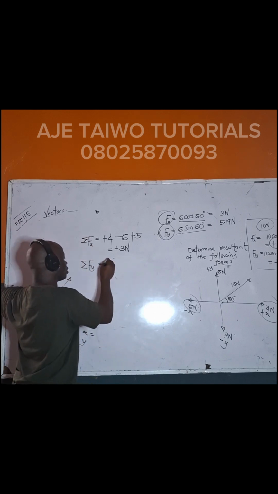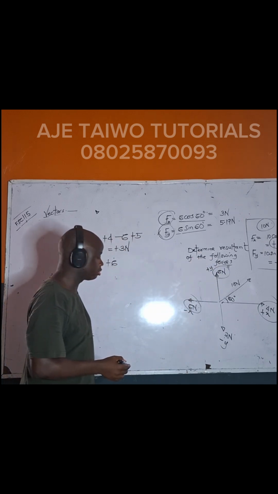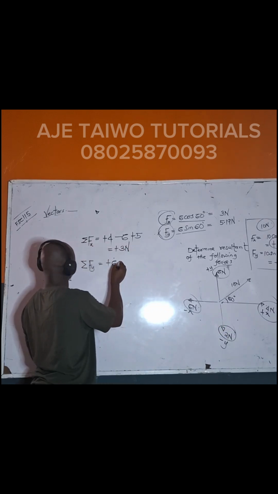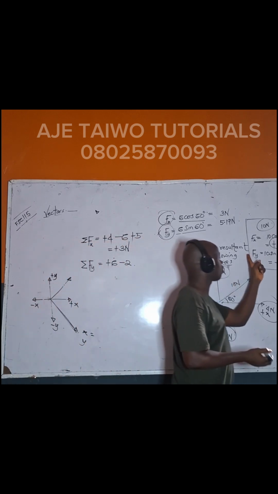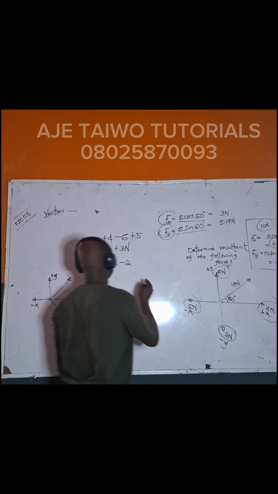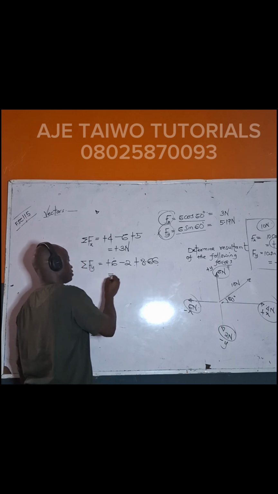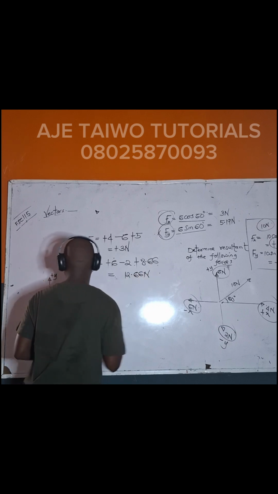Plus 6, that's this. Minus 2. Then this 10, what is Y? Plus 8.66. What's the final answer? 12.66 Newtons. God bless you.